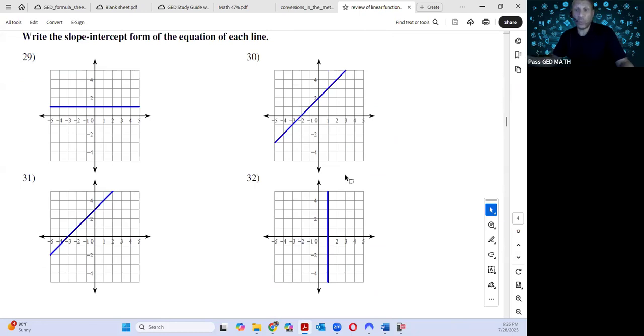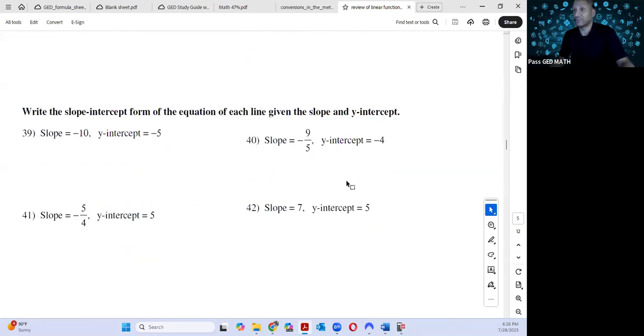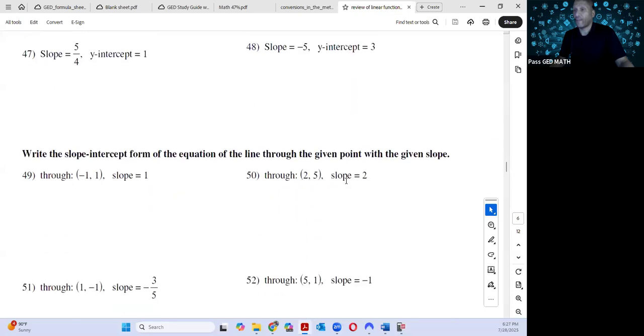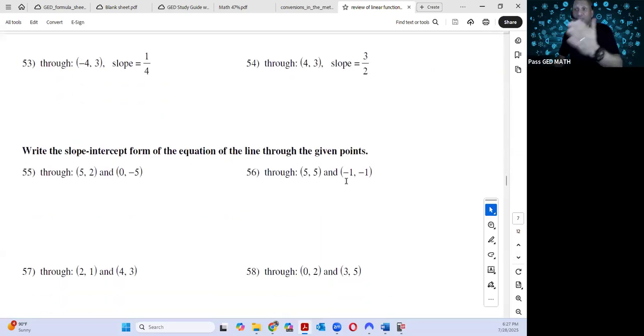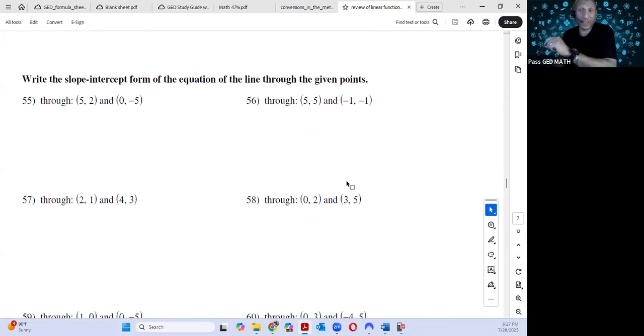Can you find the equation of a line from a graph? Can you find the equation of a line given a slope and a point? And then finally, can you find an equation of a line from 2 points? And can you find an equation of a parallel or perpendicular line? So right there, you already know: 5 to 10 questions.